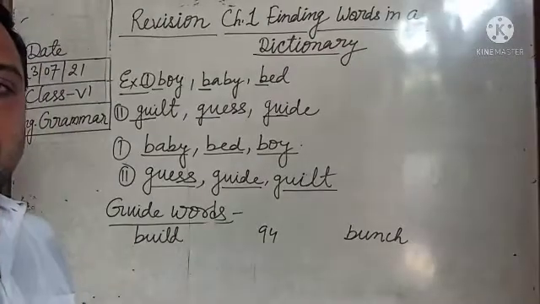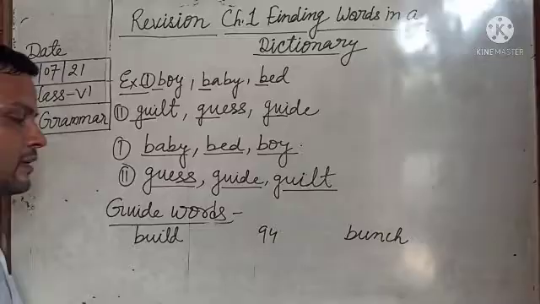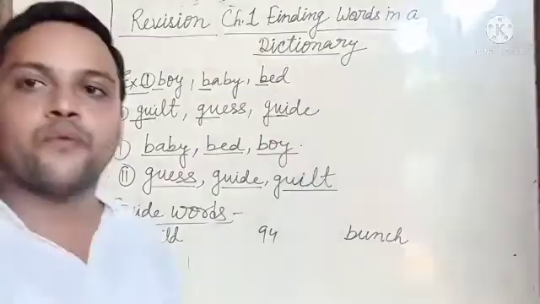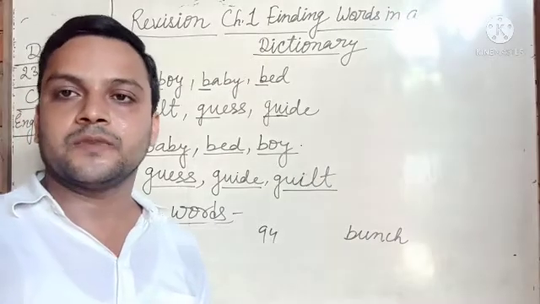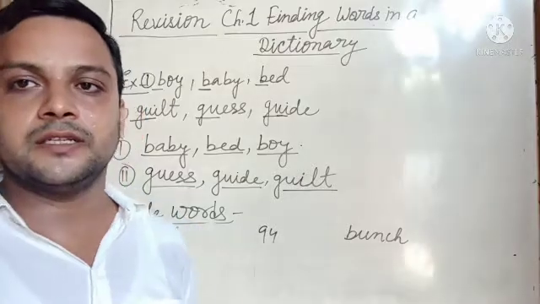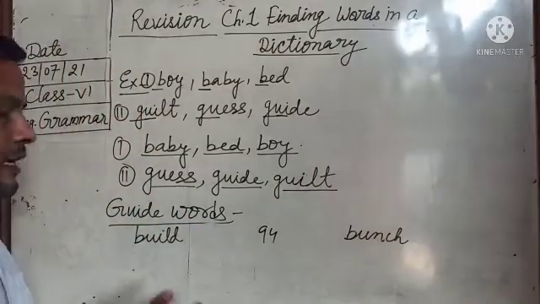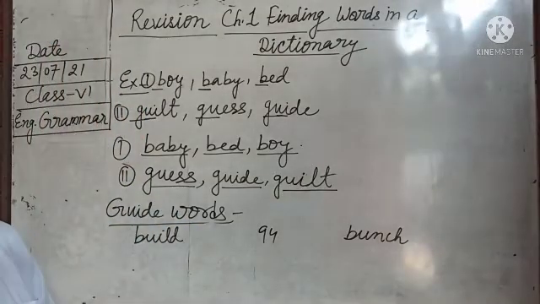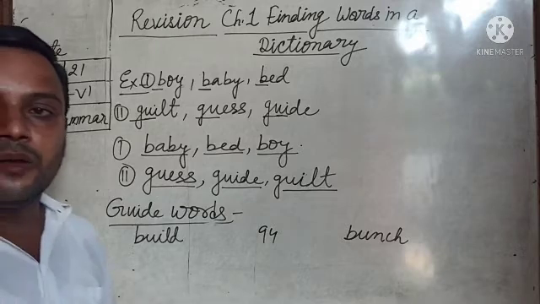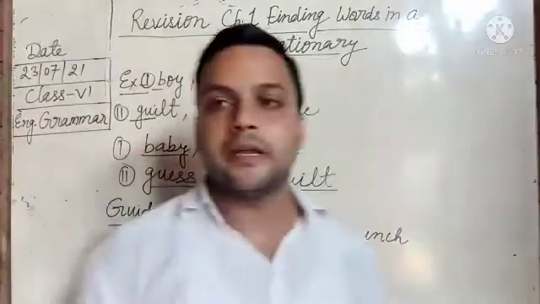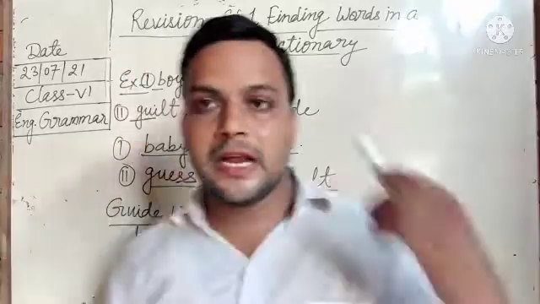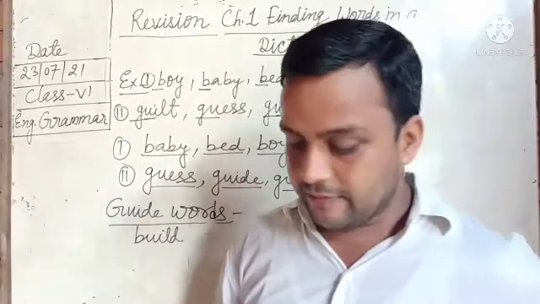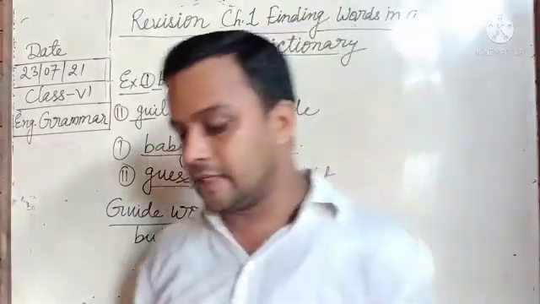Students, now see the guide words. Guide words help us to find a word quickly in a dictionary. Students, the guide words will be different in different dictionaries, and the page number will also be different in different types of dictionaries.